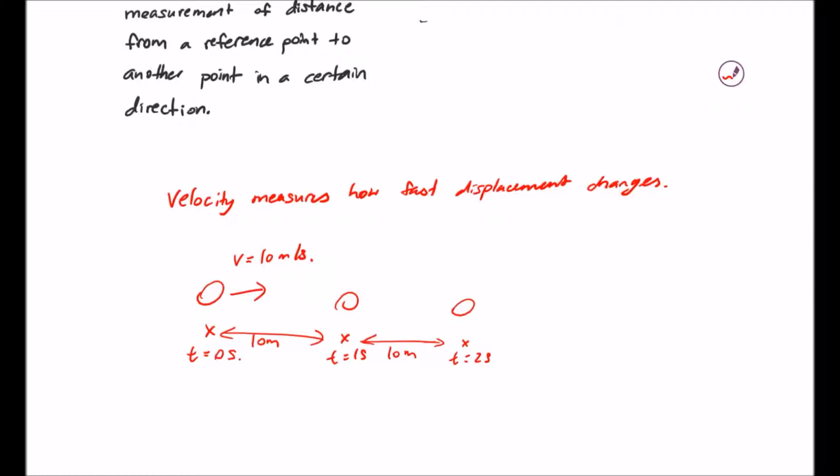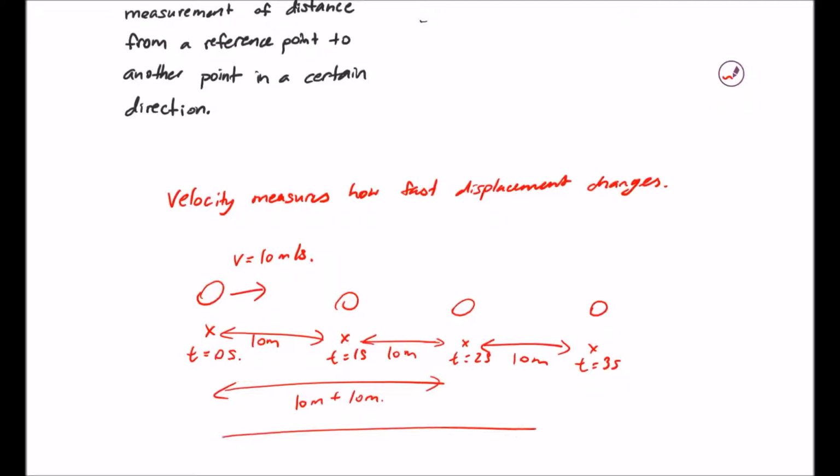Displacement is always taking reference from an initial point, so the displacement is actually 10 meters plus 10 meters. What about time equals 3 seconds? This is the ball again. This will be 10 meters, but the displacement would be 30 meters.